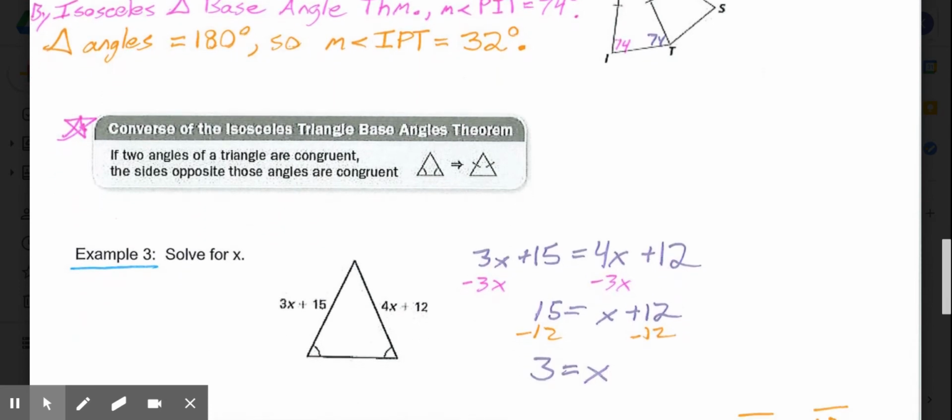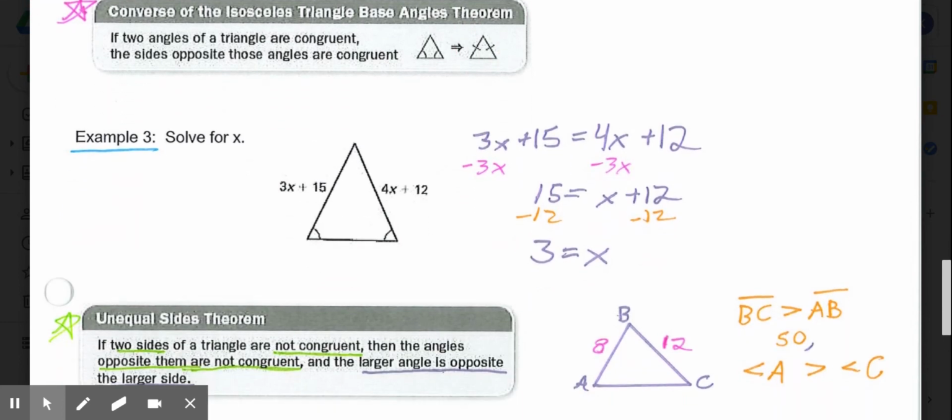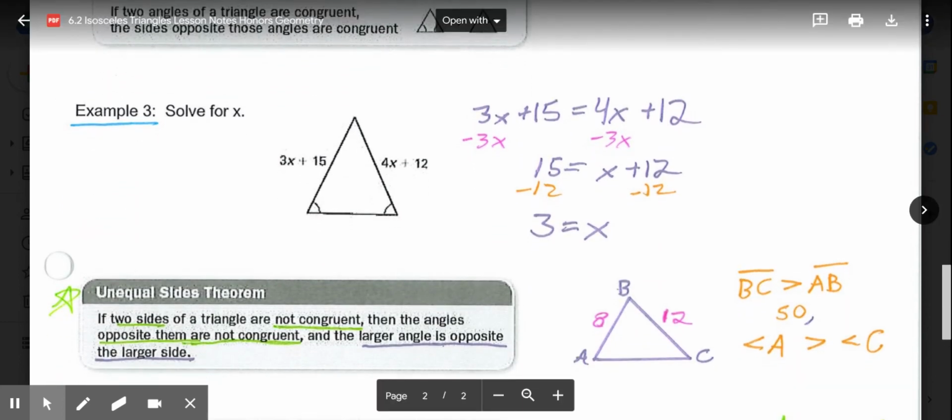Then we have the converse of the isosceles triangle base angle theorem, which states if two angles of a triangle are congruent, the sides opposite those angles are congruent. So if we're given two angles being congruent, we know those sides opposite are congruent or equivalent. So what that allows us to do is something like example 3 here.